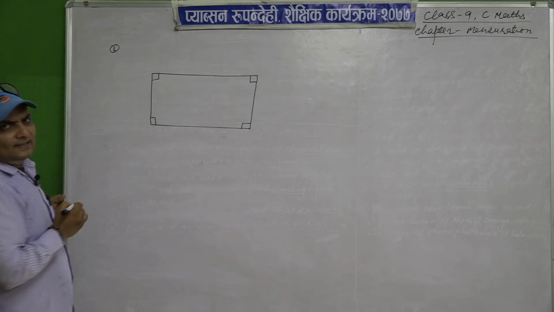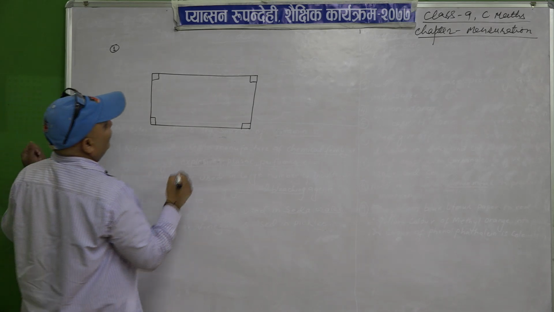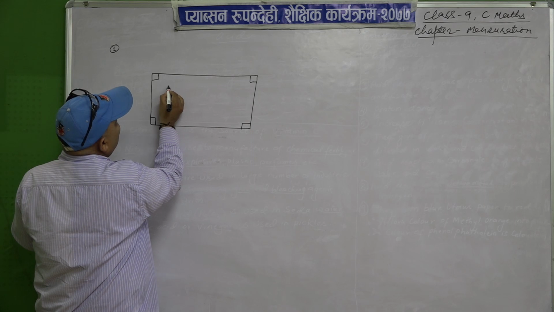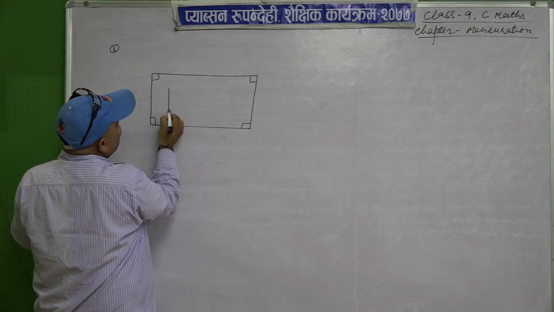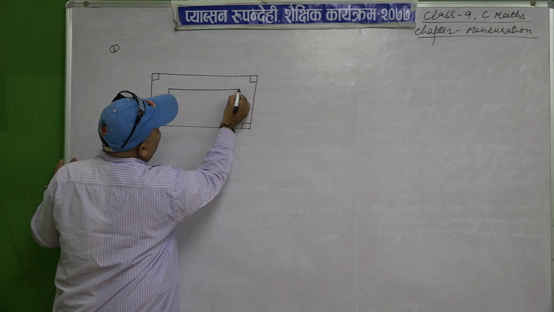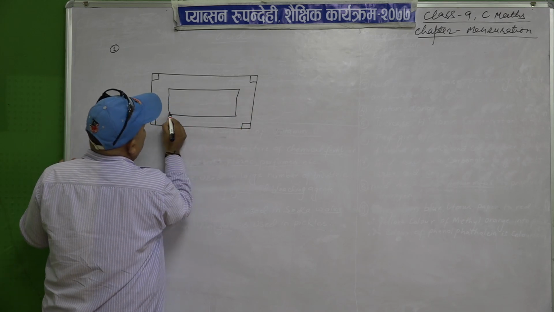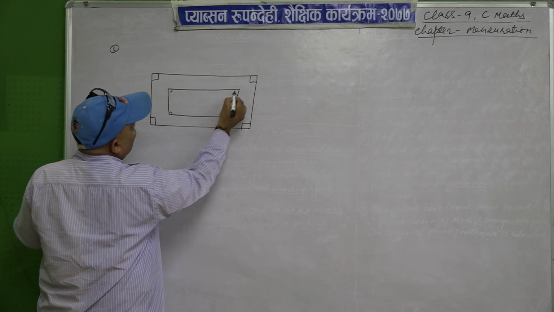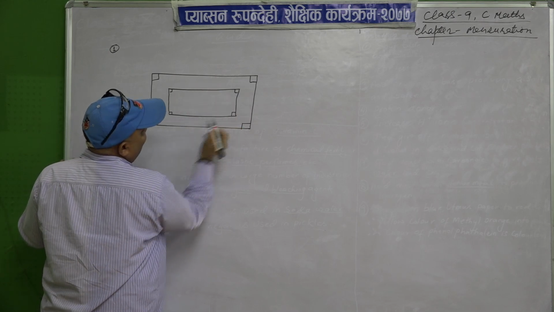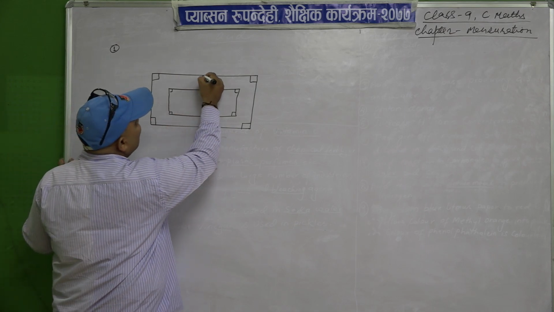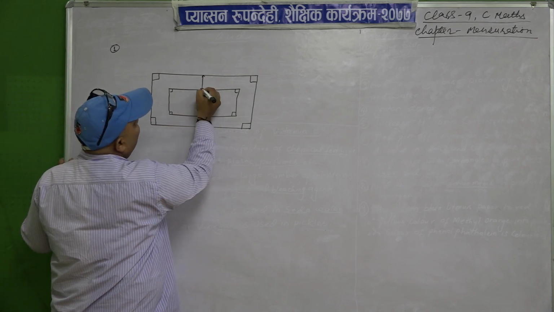So this is a rectangle, a rectangular garden or rectangular field, and suppose here is another rectangle. This is also a rectangle, and suppose this is of uniform width.